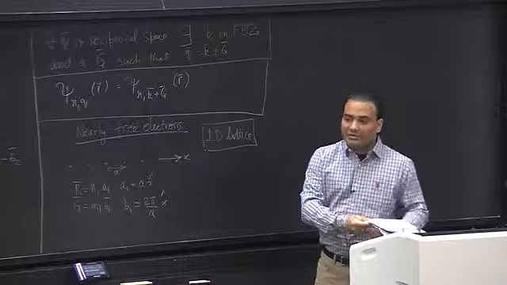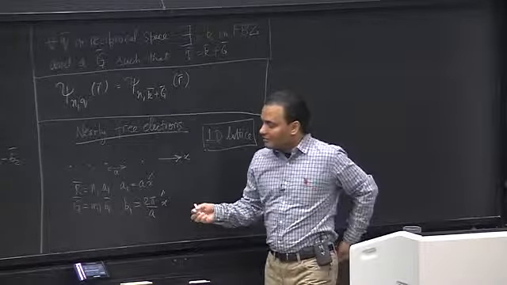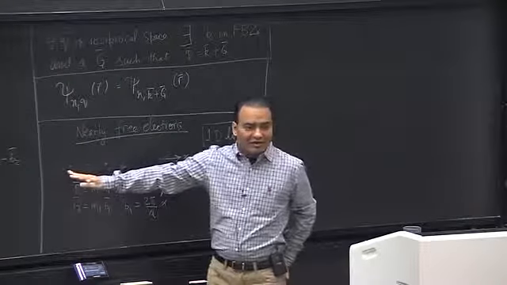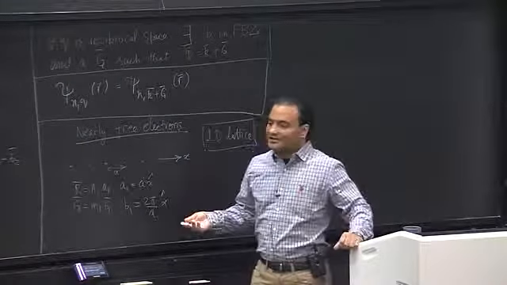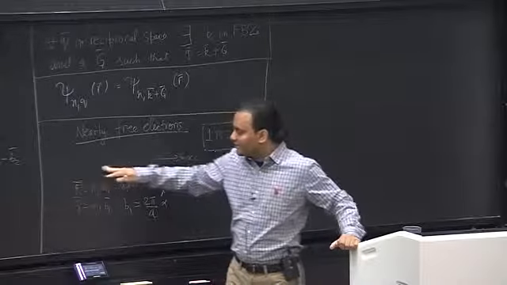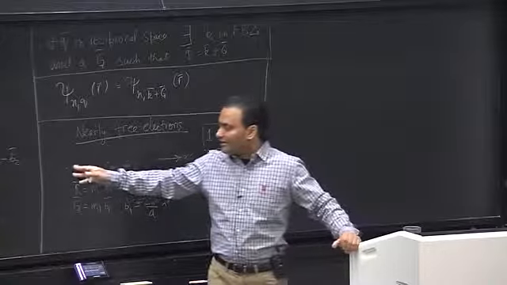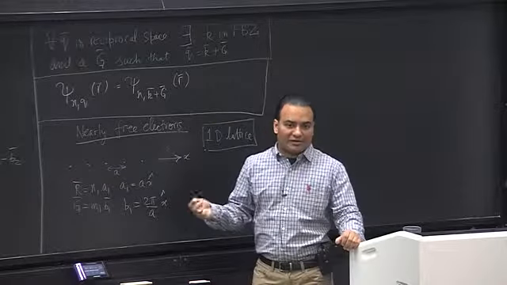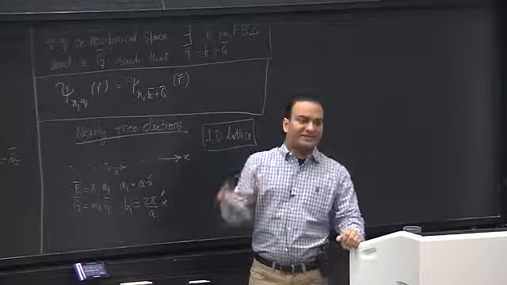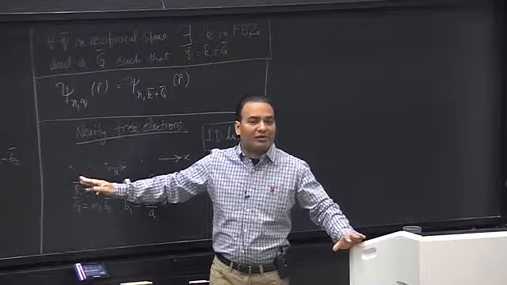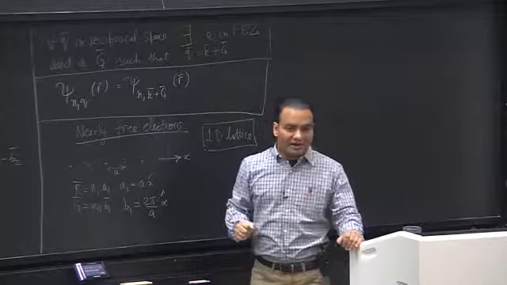Now, an important thing to consider is the boundary conditions. For some cases, you would like to consider this lattice as finite, and then you would like to consider open boundary conditions. And that we'll discuss later. For the moment, we are going to assume periodic boundary conditions.